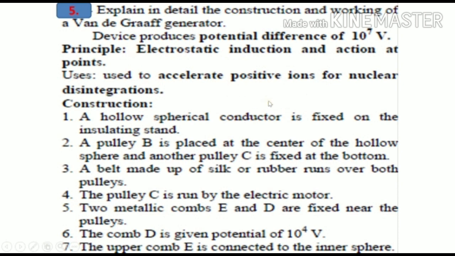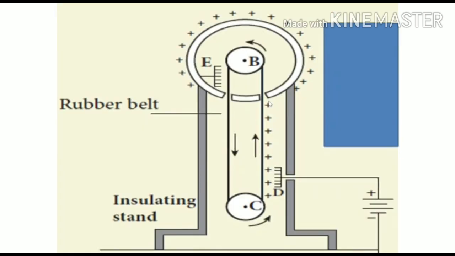Now we are going to discuss the construction of this Van de Graaff generator. First, a hollow spherical conductor is fixed on an insulating stand. So here you have the hollow spherical conductor. A pulley P is placed at the center of the hollow sphere and another pulley C is fixed at the bottom.